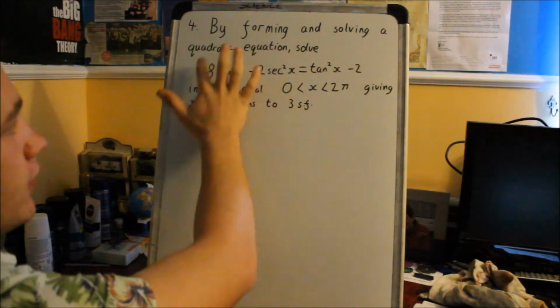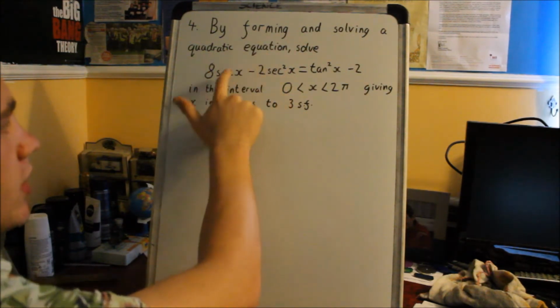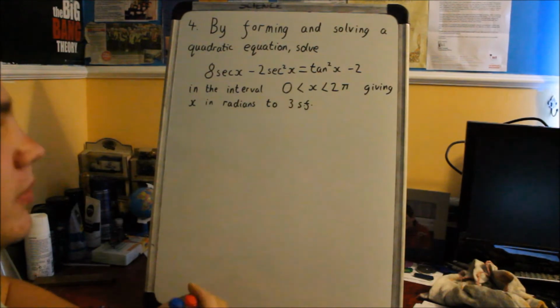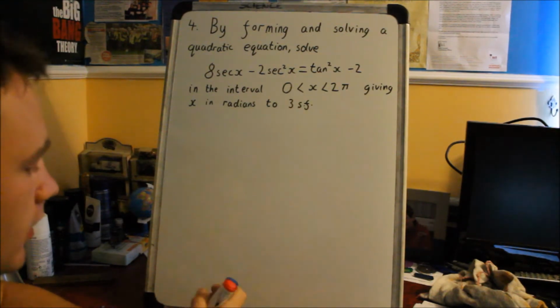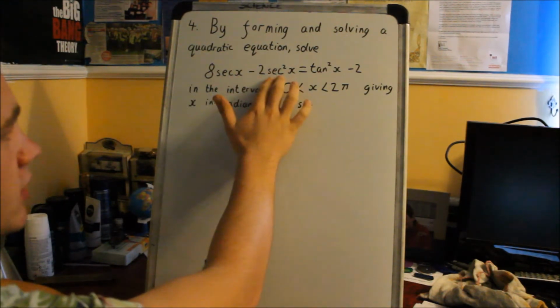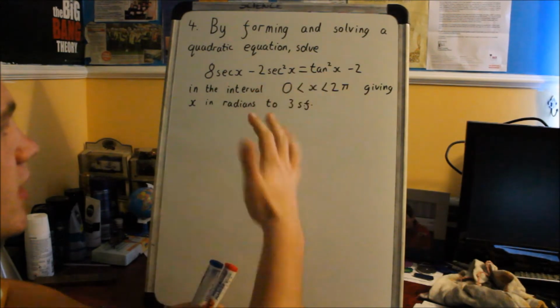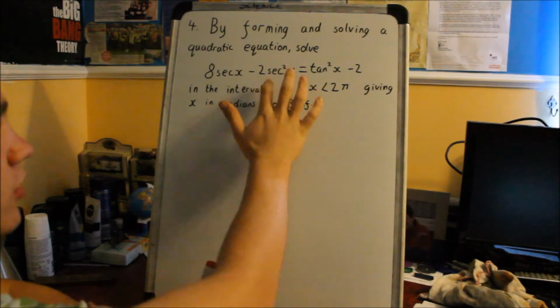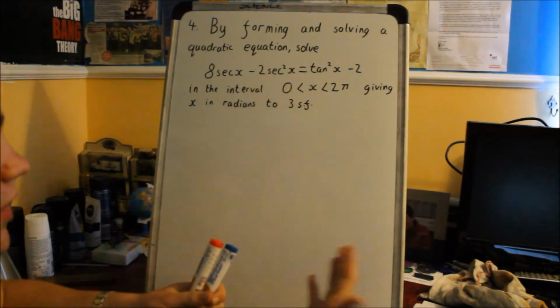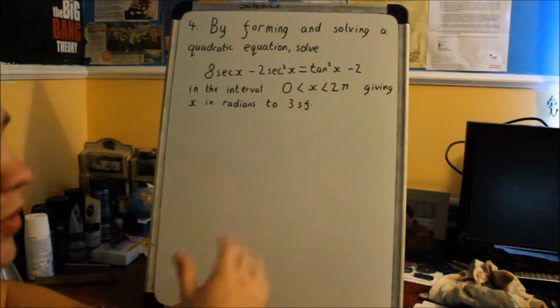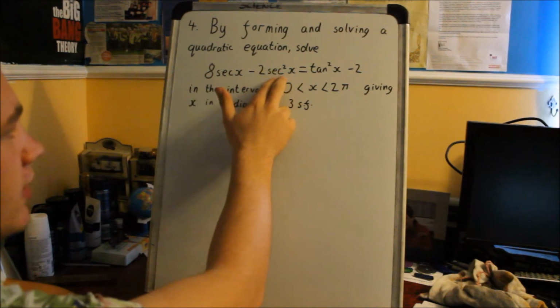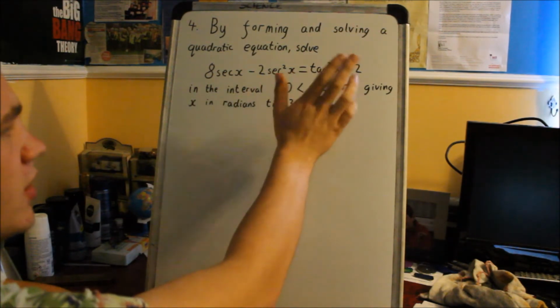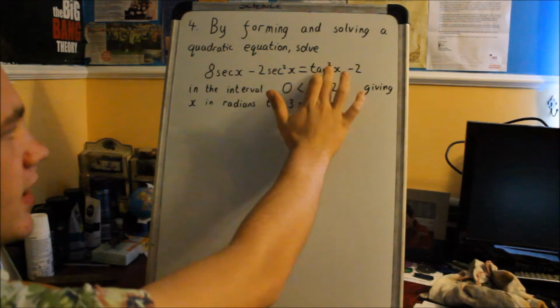This is the first part, and it tells you to make a quadratic equation. So this is the new Core 3 bit, the really tricky bit. Now we have a sec squared and a tan squared. Do we get the sec in terms of tan, or the tan in terms of sec, or do we get them all in terms of cos or sine? That can be a bit of an awkward question. I have 2 sec things and only 1 tan thing, so I'm going to convert the tan squared into sec.